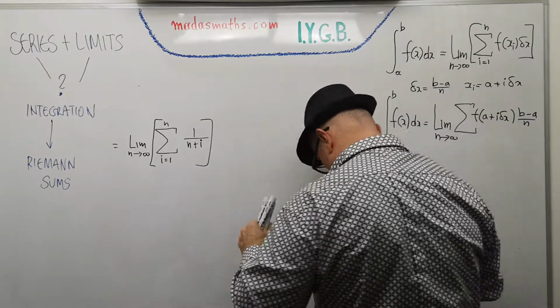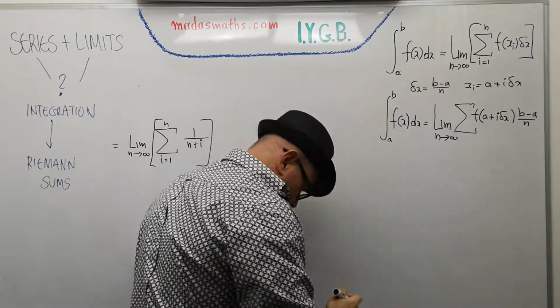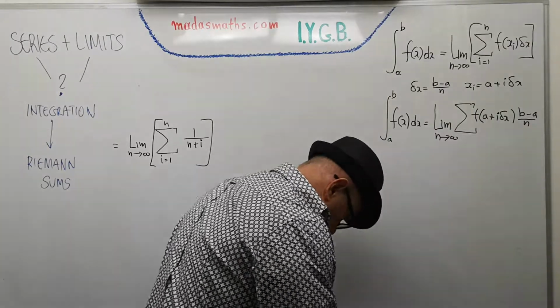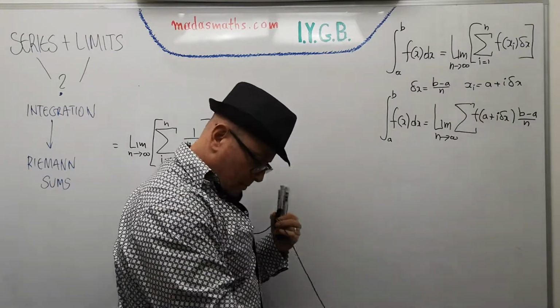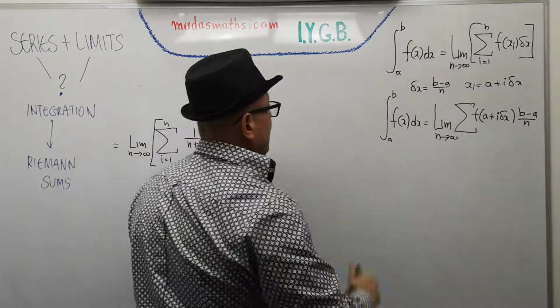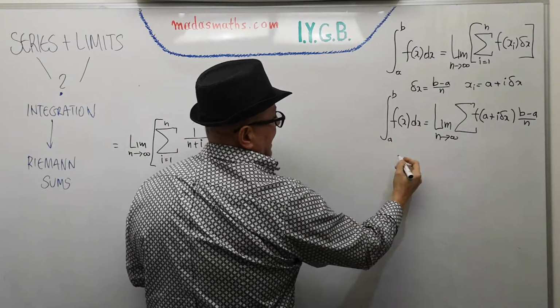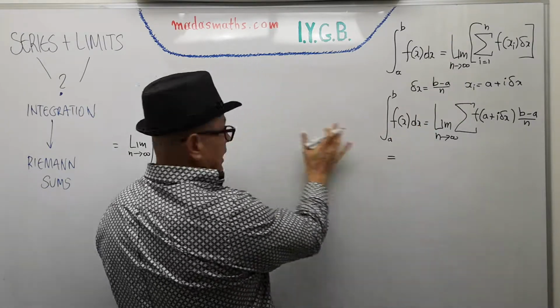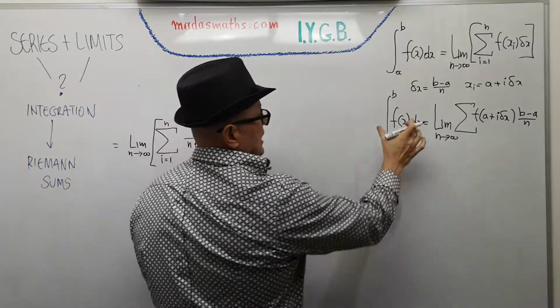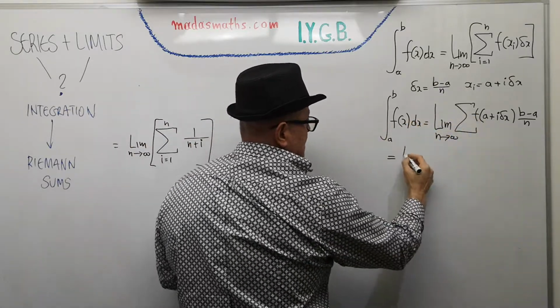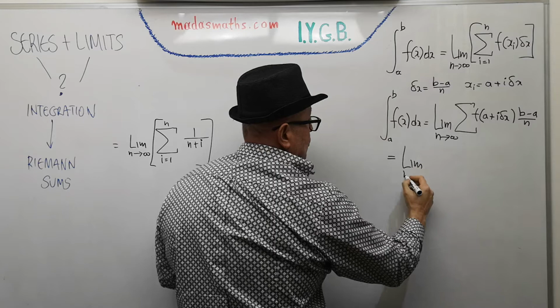So let's leave a bit of space in all of this. I'm going to thread onto this cable from the microphone in a second. Let's move it out of the way. I'm not going to write this again, I'm just going to move the equal sign here because I'm going to need the rest of the board to do my work. So this is just writing this limit in full.